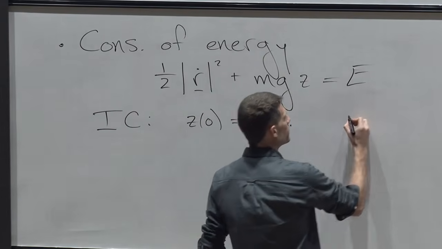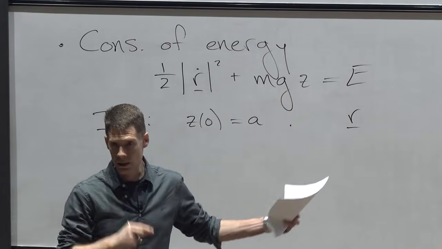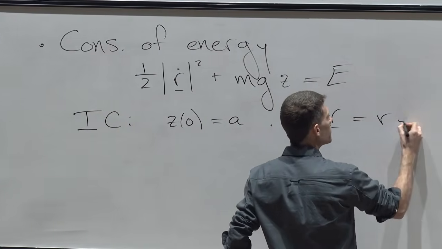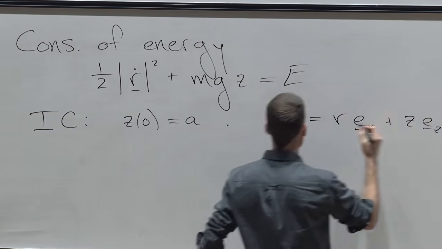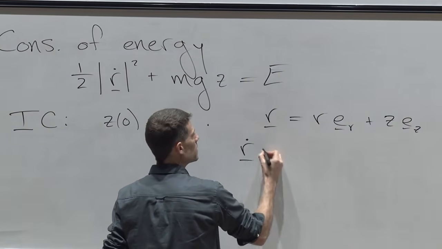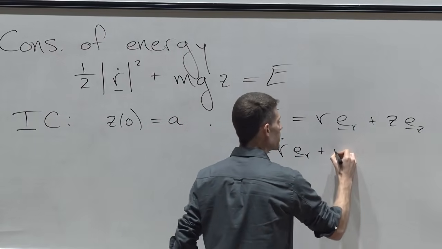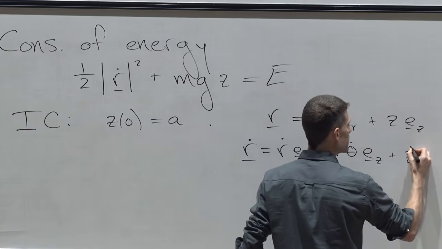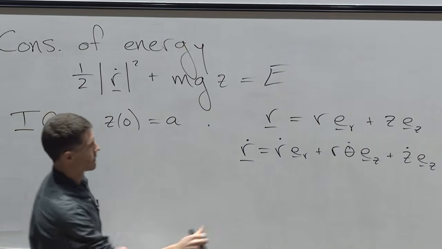So if we think r is r e_r plus z e_z, then r dot is r dot e_r plus r theta dot e_theta plus z dot e_z. Sorry, this is an e theta.